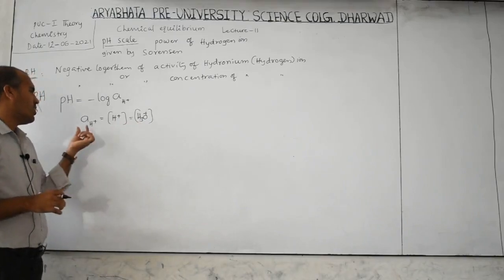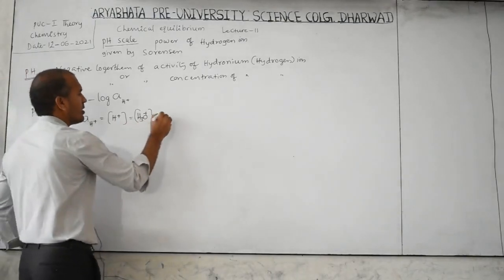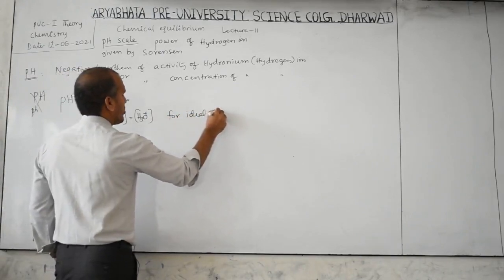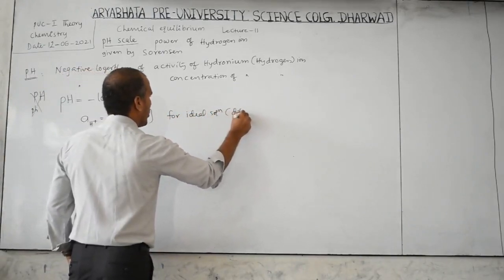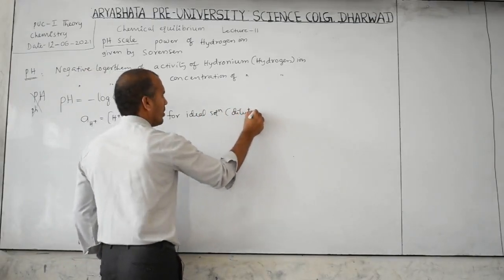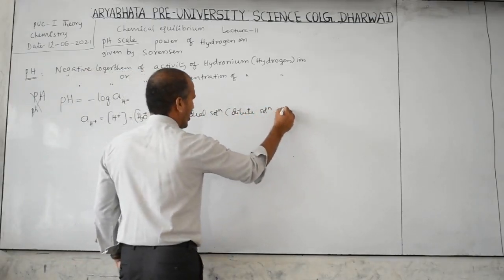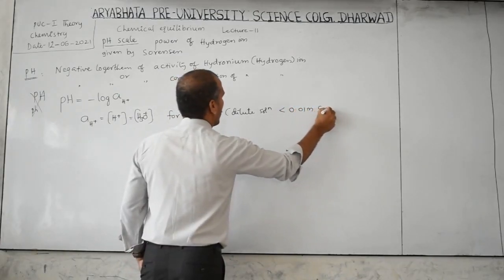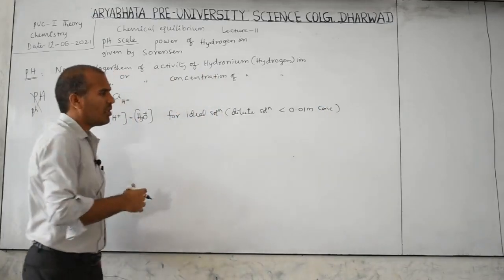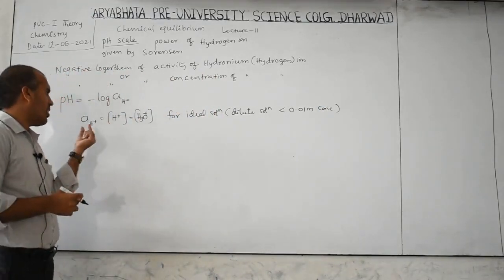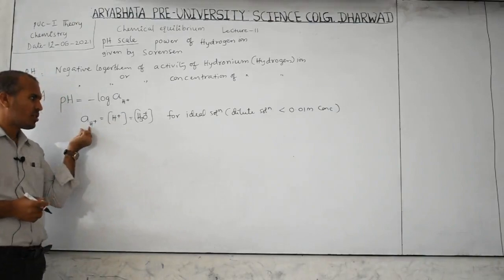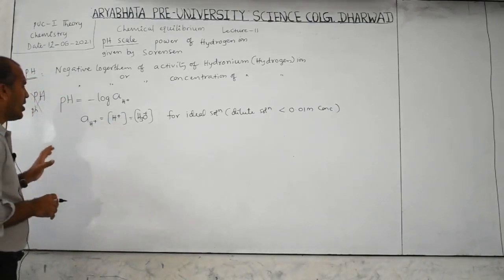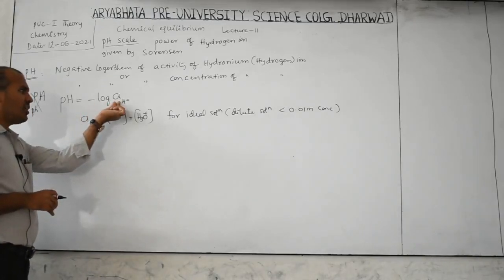This holds for an ideal solution, which in your textbook means a dilute solution, less than 0.01 M concentration. In this range, the activity of H plus equals the molar concentration of H plus.